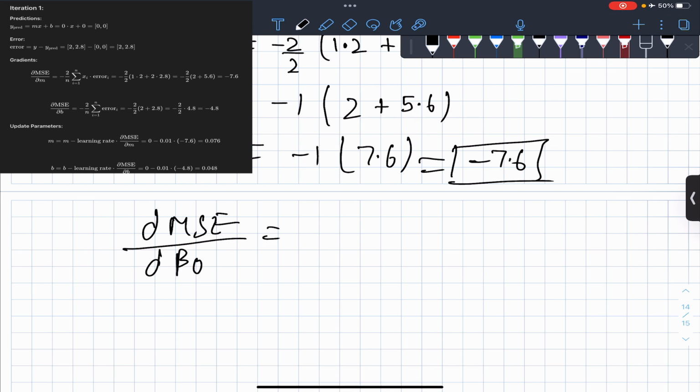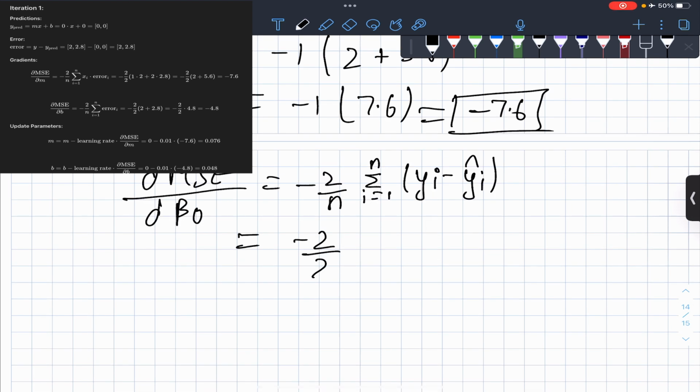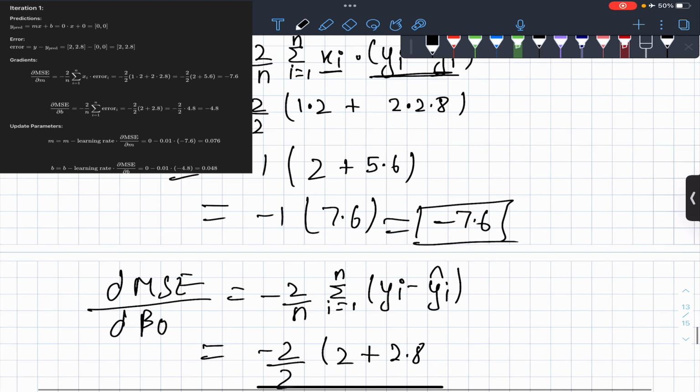For beta 0, what is it here? 2 over n, sum of yi minus y hat i. We'll do 2 plus 2.8, because we don't have any parameter here like x1, xi.